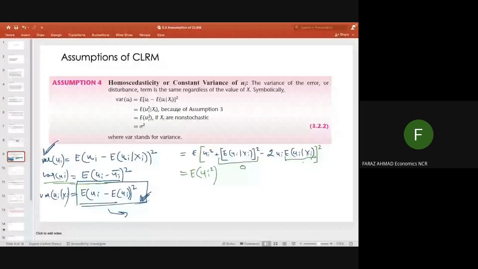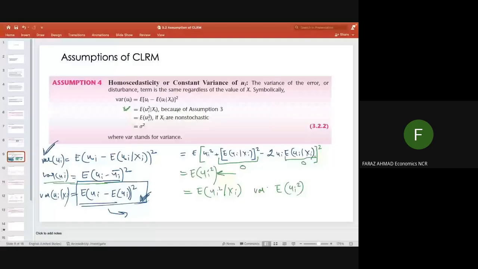So both the terms become 0 and you're left with this one. And because we are talking about conditional, everything is conditional upon x, right? So you can write it as ui squared given xi because this is also going to be conditional, right? That's how you got the second step here, right? Now you can write it plainly like this, expectation of ui squared, as it is here.